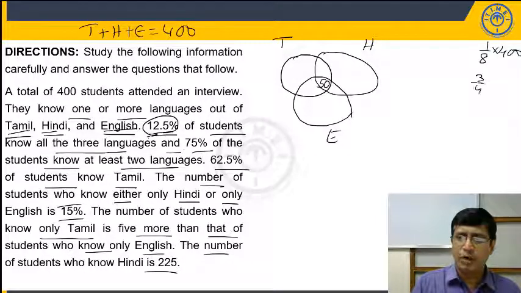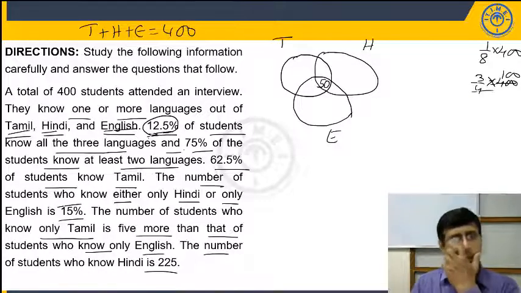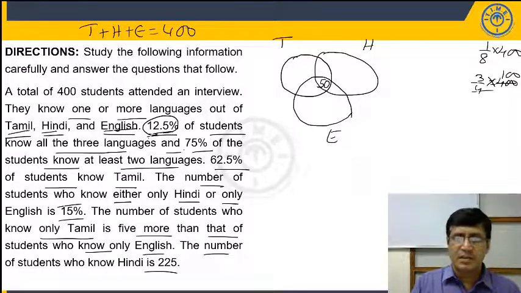At least 2 means 2 or more, so all these parts, this one, this and this plus 50. The sum of these intersecting areas is equal to 300.